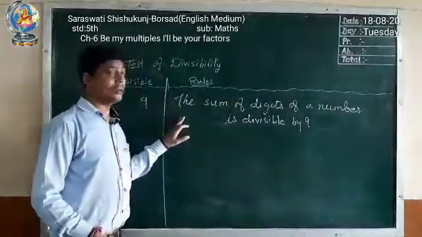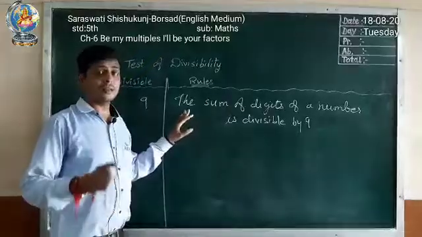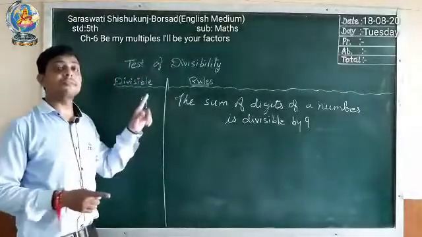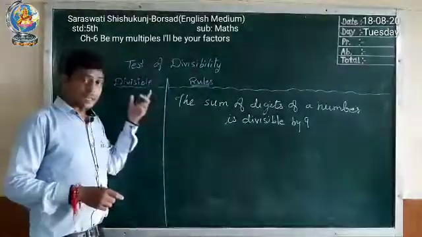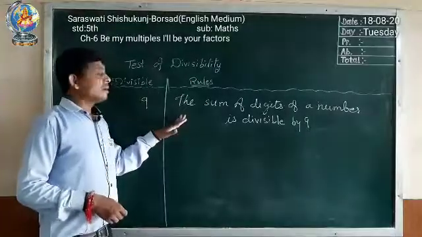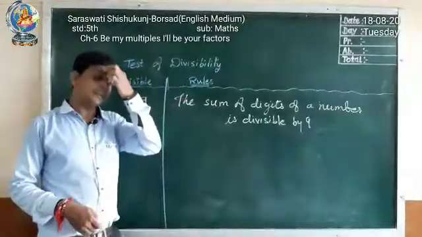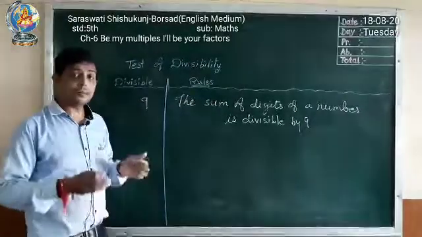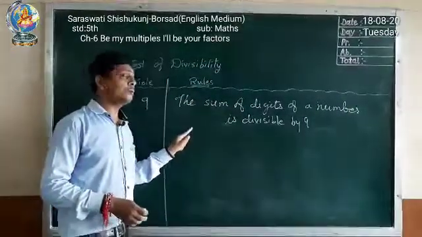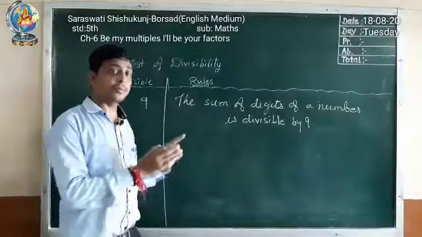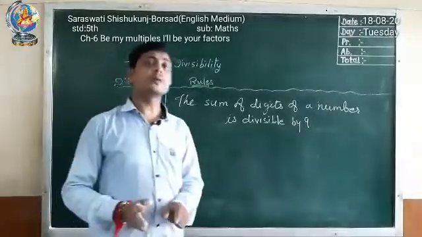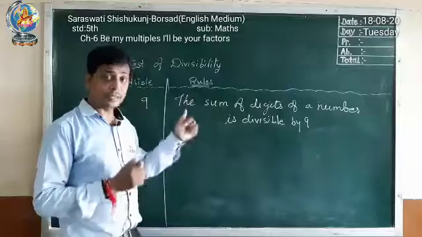What you have to remember is that it is the same as the test of divisibility of 3 which we learned. Just here we have to divide by 9; in that we used to divide by 3. What we have to do here is add all the digits of a number. Whatever total we get, we will divide that total by 9.